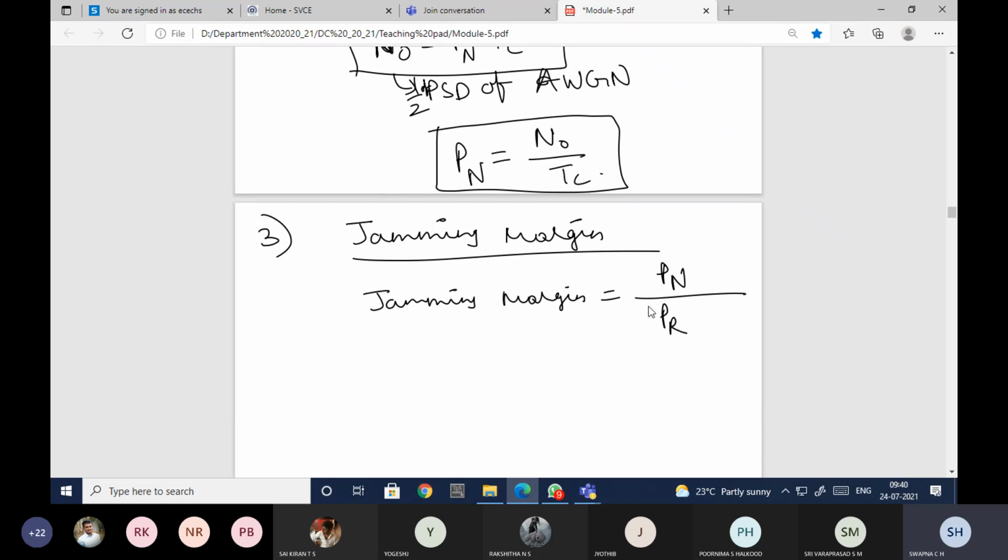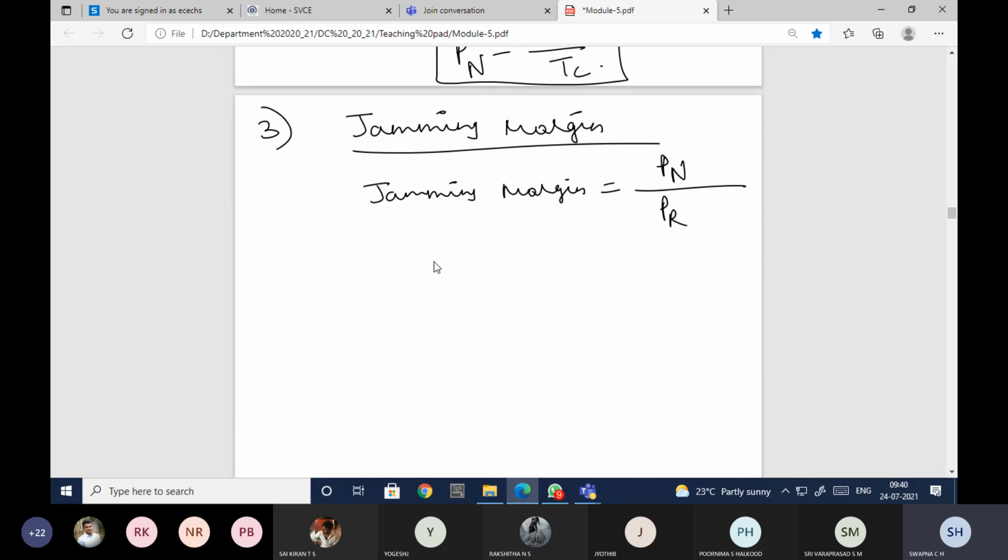PR is the average power of the received signal. Pn is the average power of the noise interference signal. Let me just write this equation. We already know that Pn is nothing but N naught by Tc.